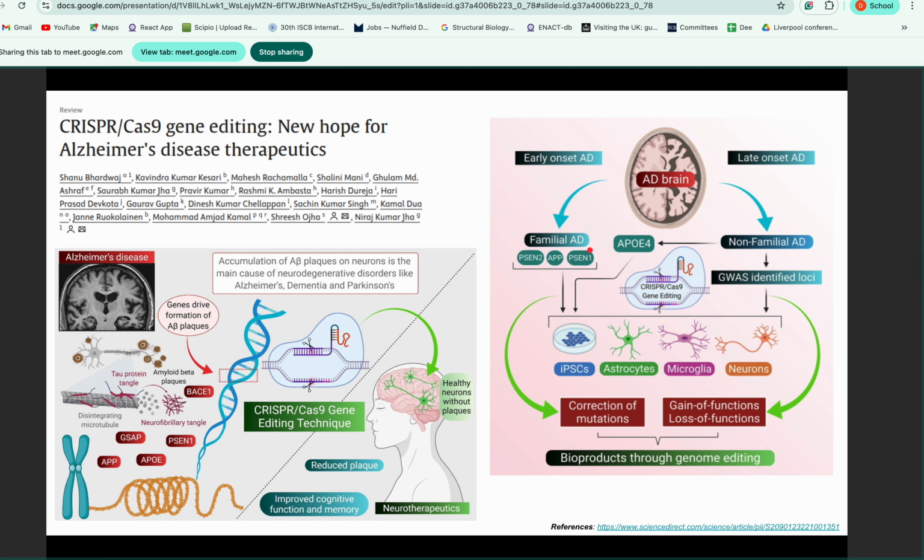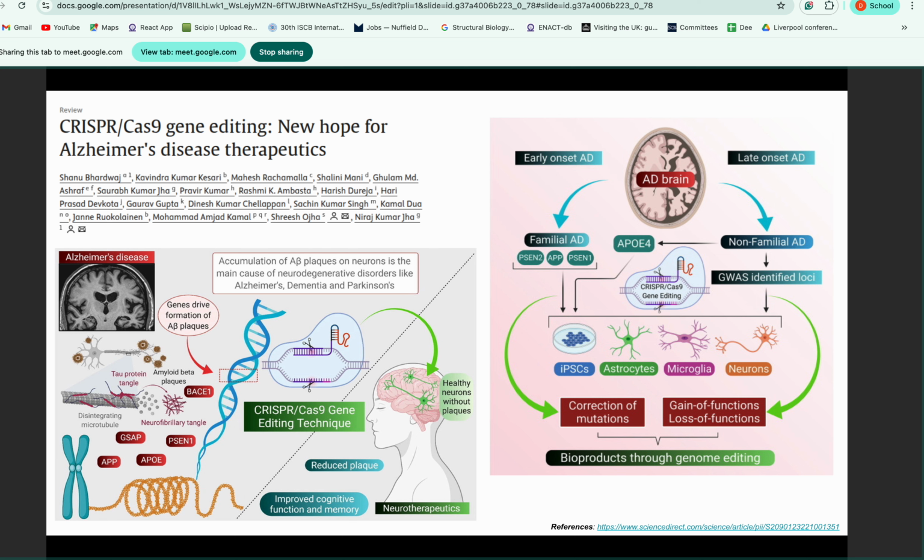is known as familial AD, that is Alzheimer's disease, and these are the genes which are associated. And then there is the ApoE4 gene, which is also responsible. Then we can identify it using GWAS-identified loci. GWAS means genome-wide association studies, in which we compare the genomes of different humans.